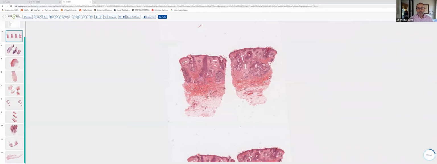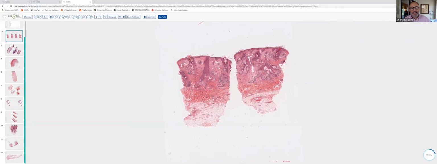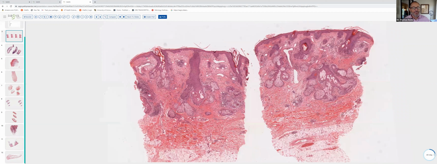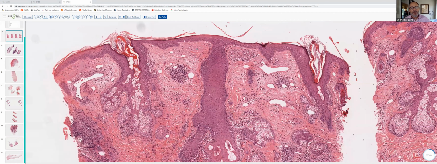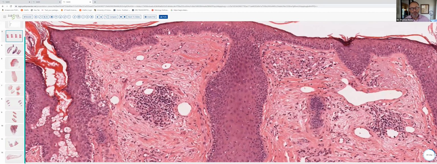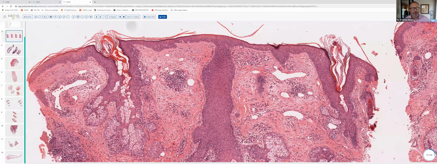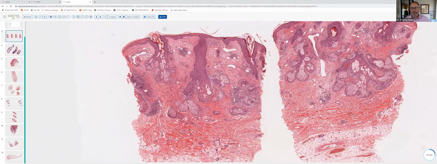entities. We have a bisected punch biopsy here, and this particular specimen was from the face. We know this is from the face because the epidermis is relatively thin. We do have a little bit of solar elastosis within the papillary dermis. And most importantly, we have a high concentration of follicular and sebaceous units within the dermis.